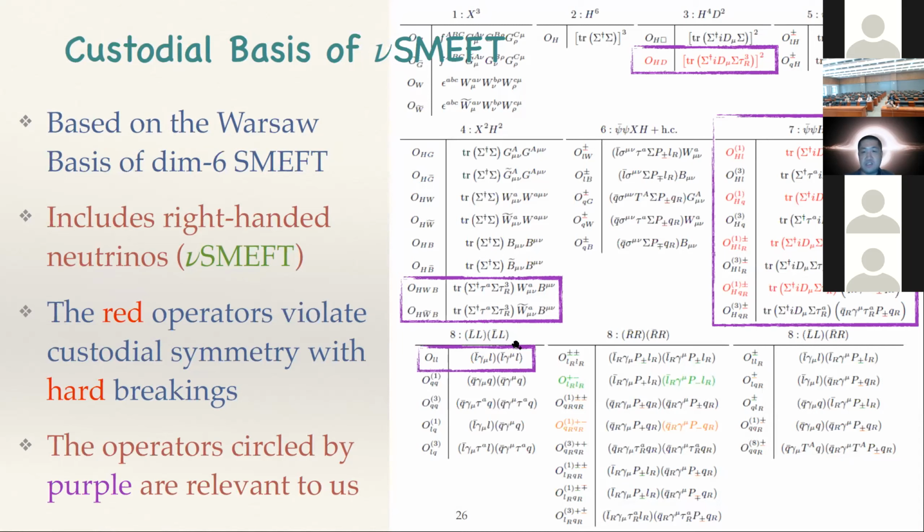The red color operators here are those with hard custodial breaking, and the purple rectangles I circled are the operators relevant to our study, because we do electroweak precision study on the custodial symmetry breaking. So these are the relevant operators, and among them, the red are the custodial breaking ones.